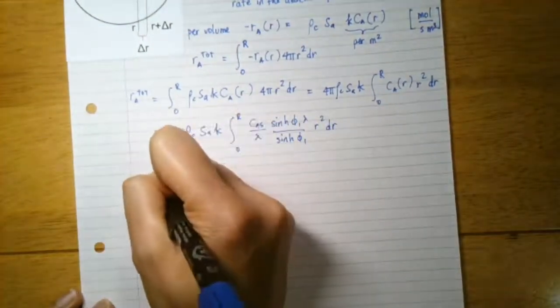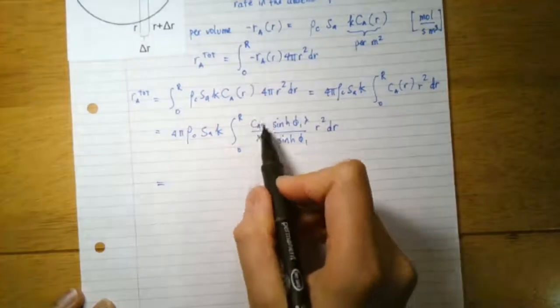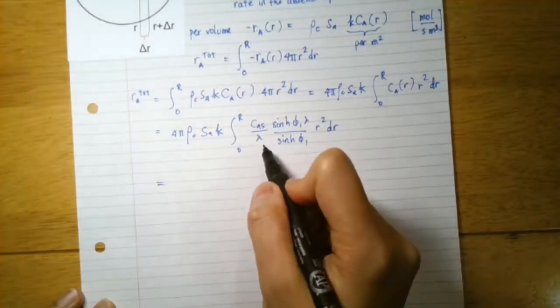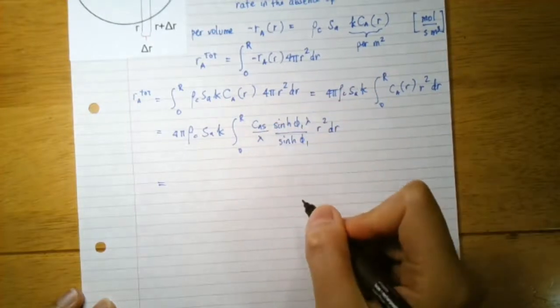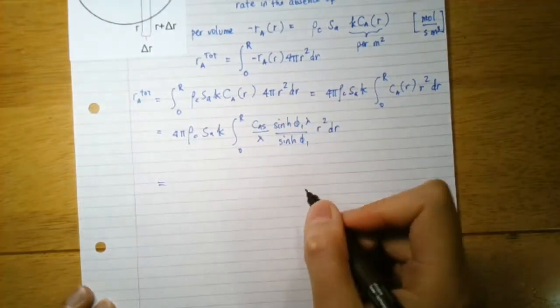Again, we can take out the constants, and then let's define lambda in terms of the radial coordinate r.